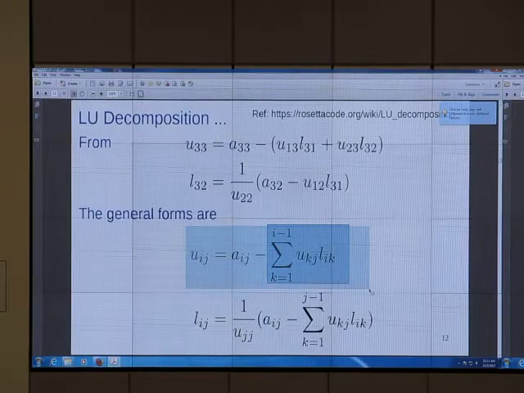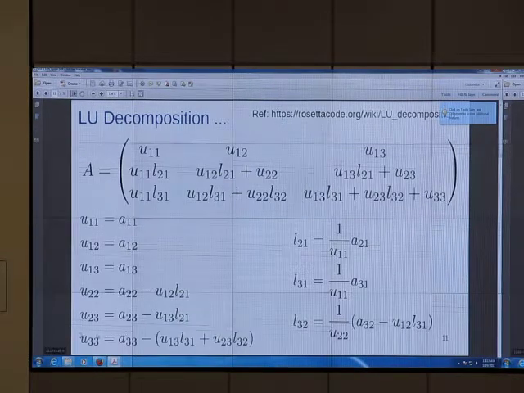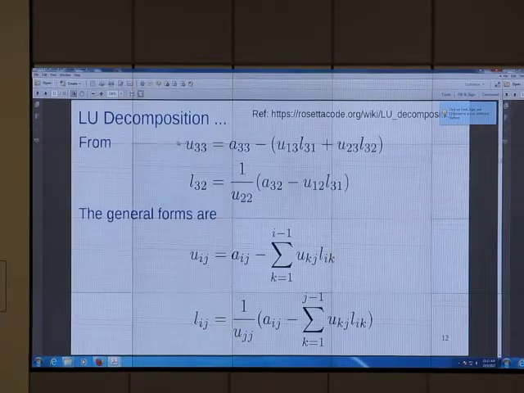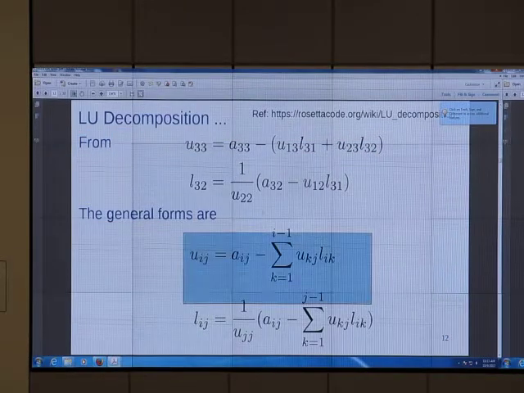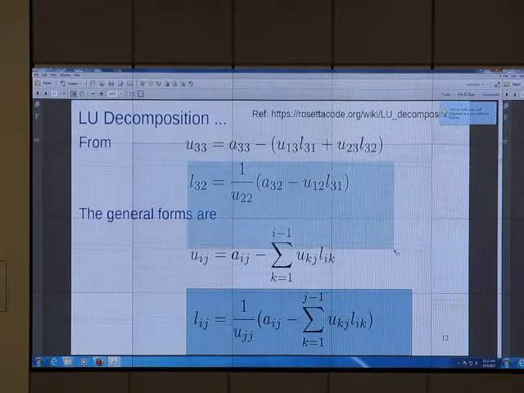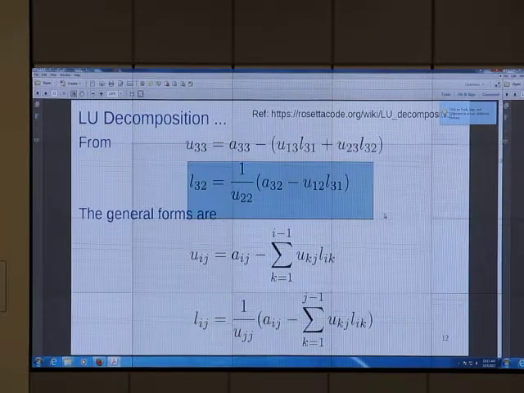So this equation is the same as that, you see? When I just copy it from here, you will see that it's the same. It's just in the compact form with the summation sign. See, L32. So basically there's a bunch of equations that we put in, and then we can get L, and we can get U.